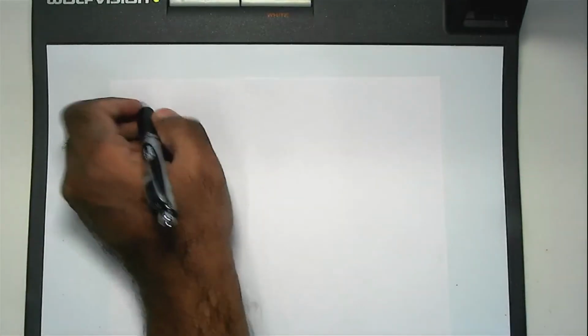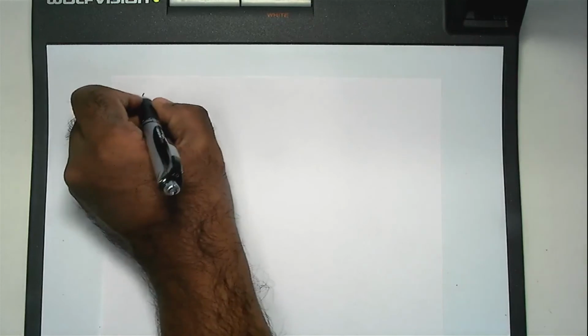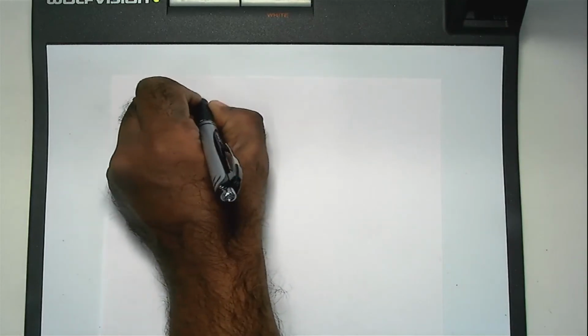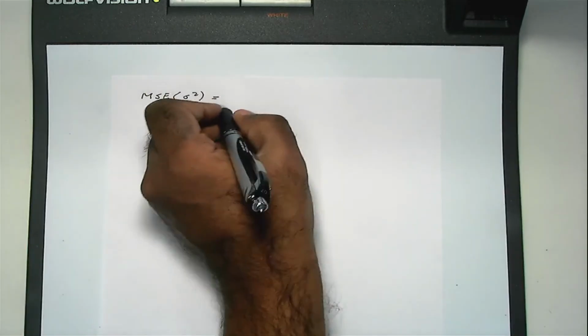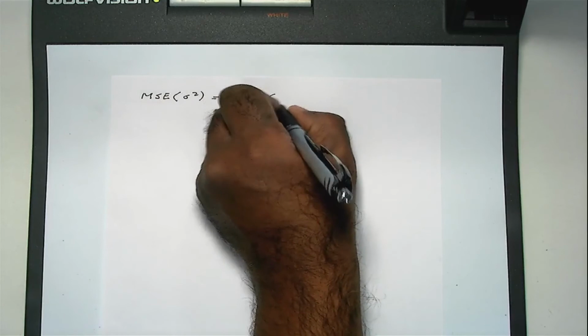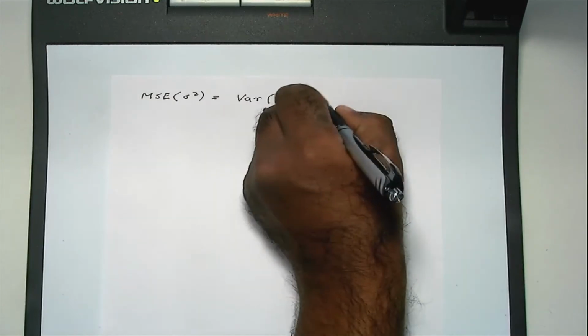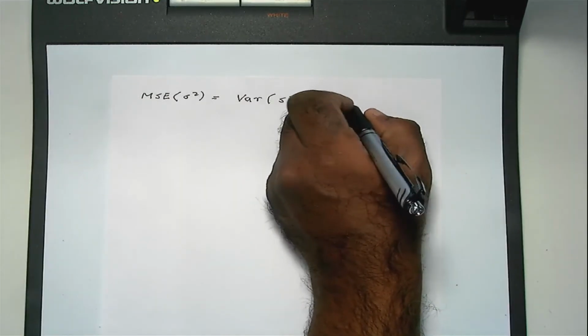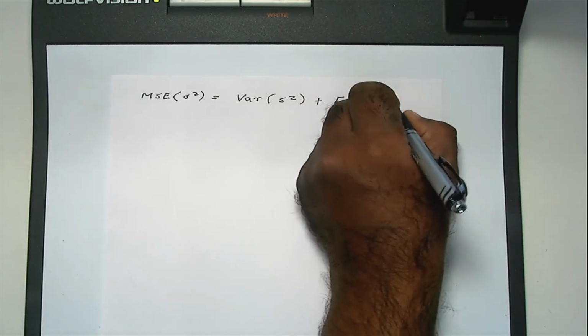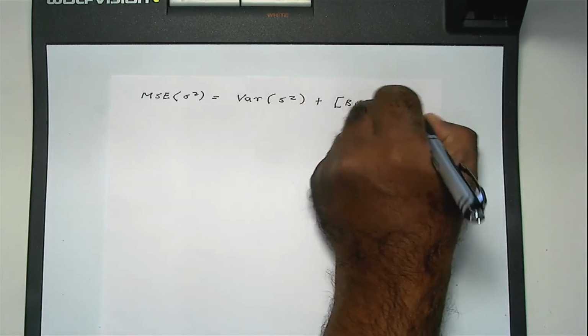The next thing I want to find is the MSE of S squared, which by one of the properties I gave you in the last video is equal to this.